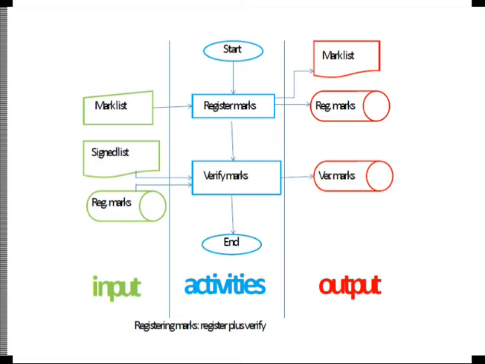Here we have a symbol. I'm just getting back to what I already told you. Here we have a symbol, mark list, where a list of marks is put into the computer program by me using a keyboard. So this symbol stands for using a keyboard.